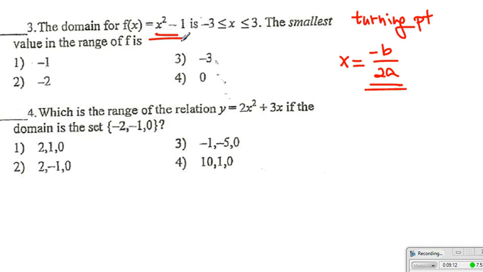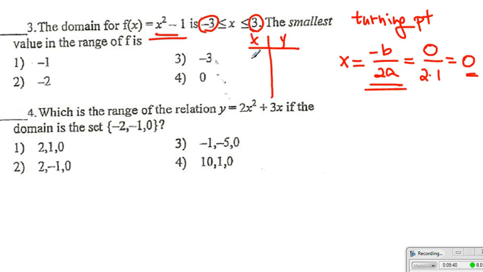So here, in this particular case, what is the value of b? B is in fact 0 because you don't have the x term. Over 2 times a, which is 1, is simply equal to 0. Now, smallest value is not only checking the endpoints, but also 0.